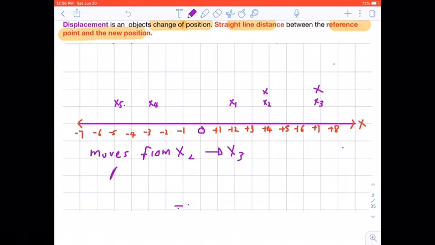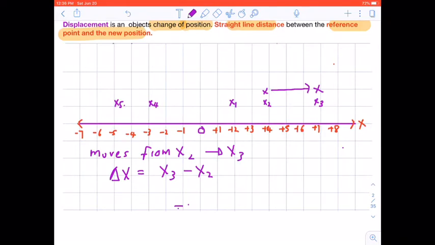So what would our change in x be? Our change in x would be x3, where it is finally, and it moved from x2, so it means it's going from there to there, right?